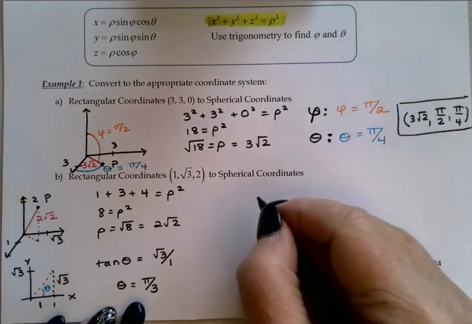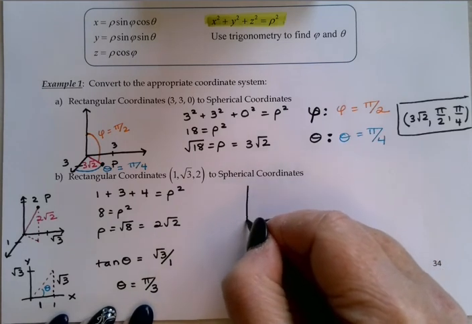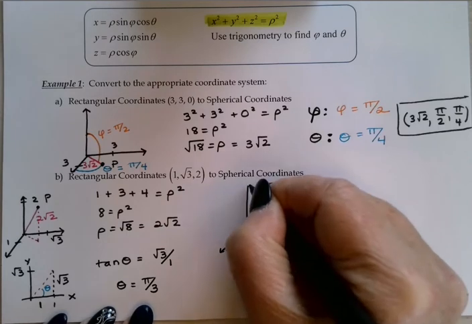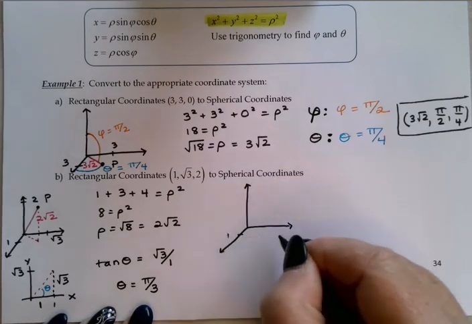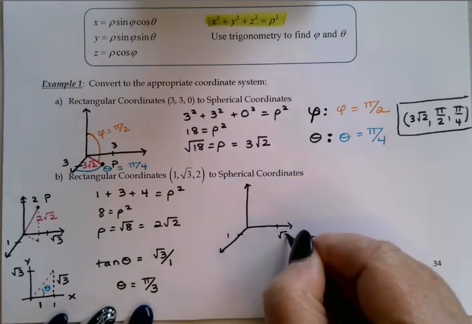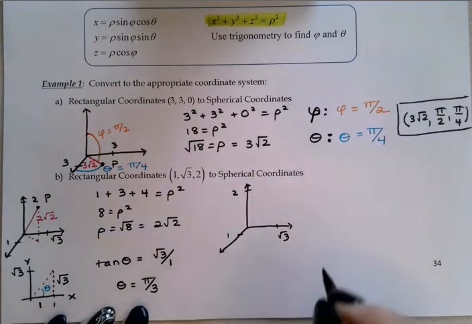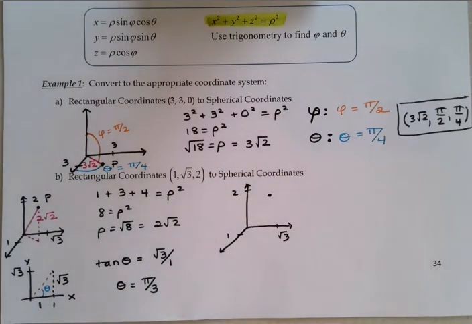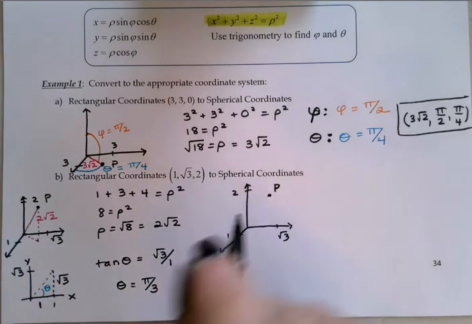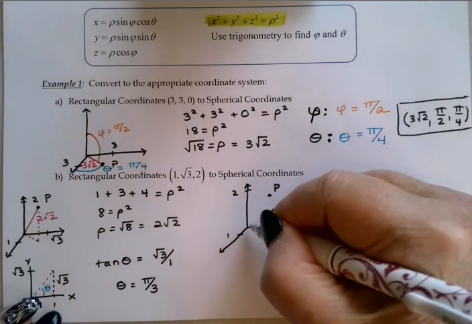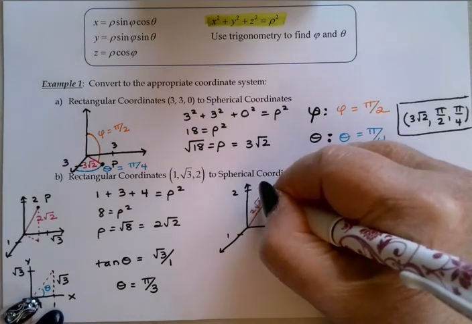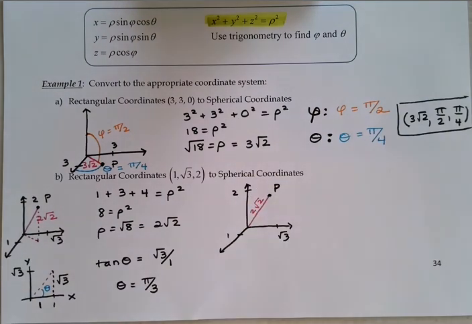I'm going to go back to drawing my three-dimensional picture one more time. And we had our point P up here. We had already figured out that that distance was 2 times the square root of 2. That was our rho.